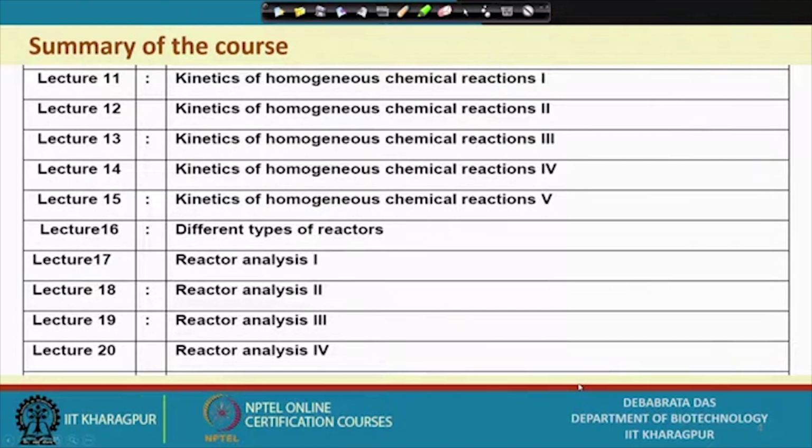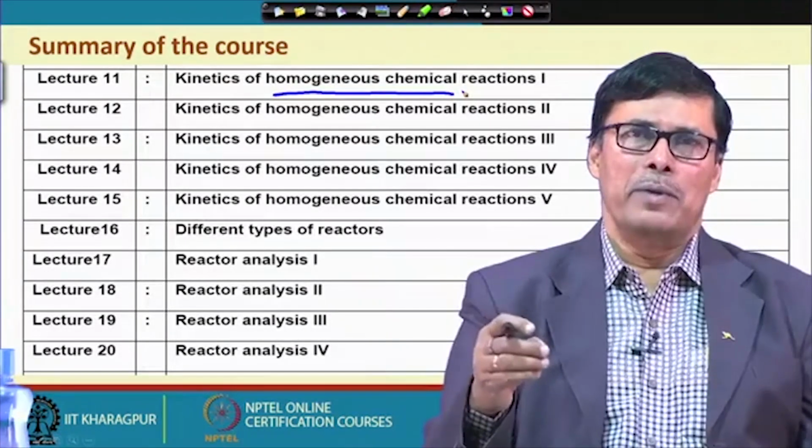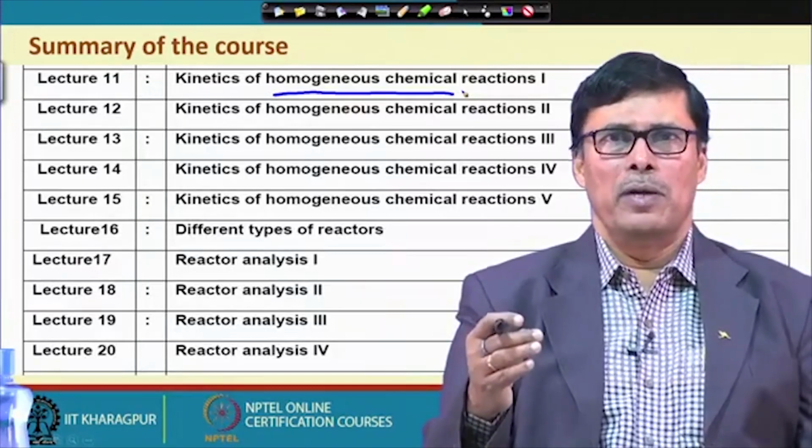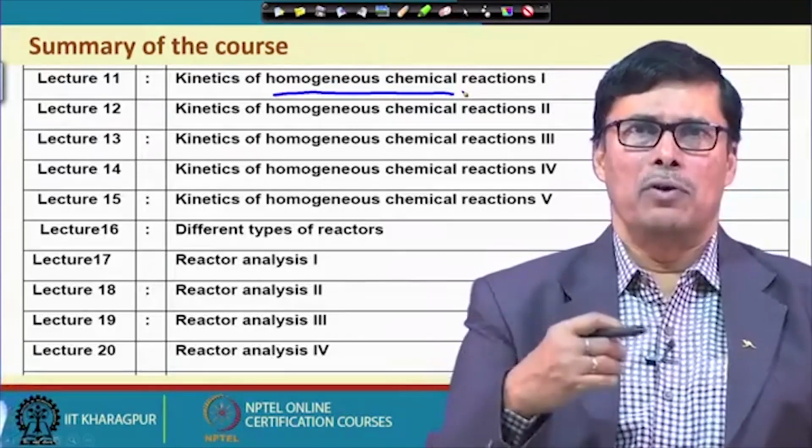Now after this we covered the kinetics of homogeneous chemical reactions, and how there are different types of reactions. As for example, we have irreversible reactions, reversible reactions, chain reactions, and autocatalytic reactions. For the different types of reactions, we can write the mathematical expression for each equation, find out the rate constant, and find out the order of reaction.